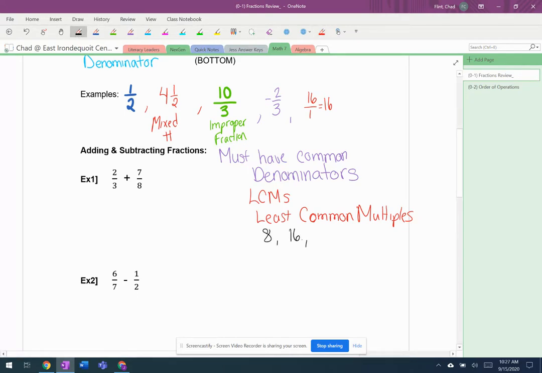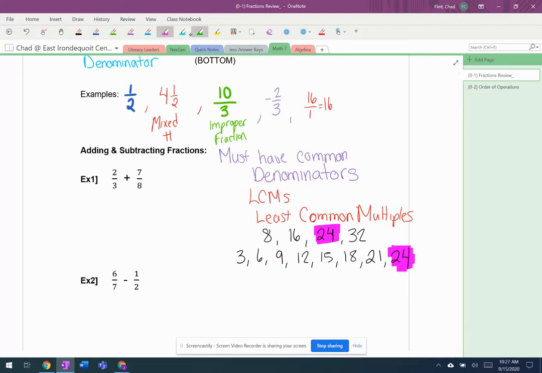I'm just listing my multiples. 8 times 3 is 24. 8 times 4 is 32, and I'm going to stop there. And I'm going to start with my 3's. 3 times 1 is 3, 6, 9, 12, 15, 18, 21, 24 finally. So it looks like 24 is the least common multiple I'm going to use for my common denominator.